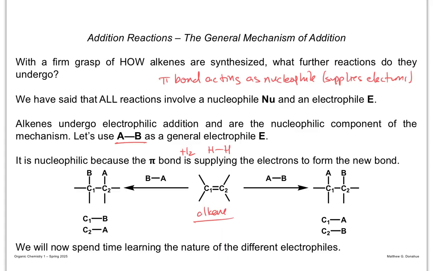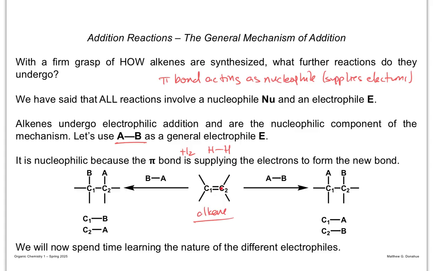So looking from the alkene to the right, in terms of the orientation of A and B, if carbon 1 gets element A, carbon 2 gets element B, this is the product you end up with.